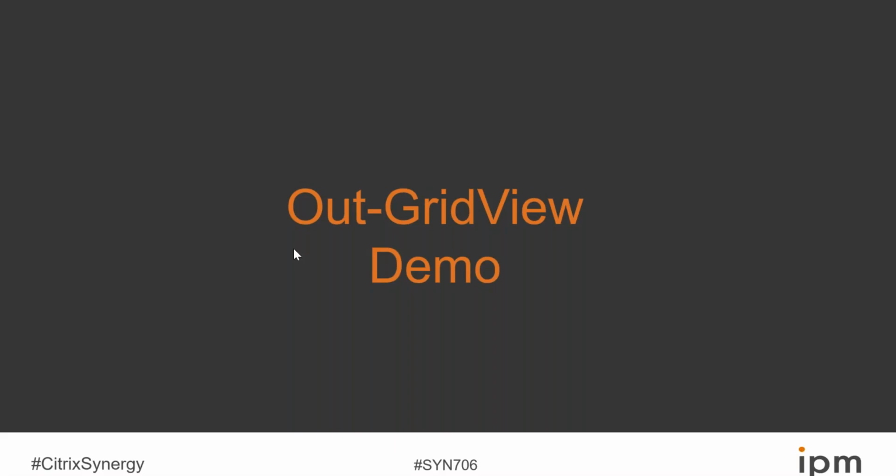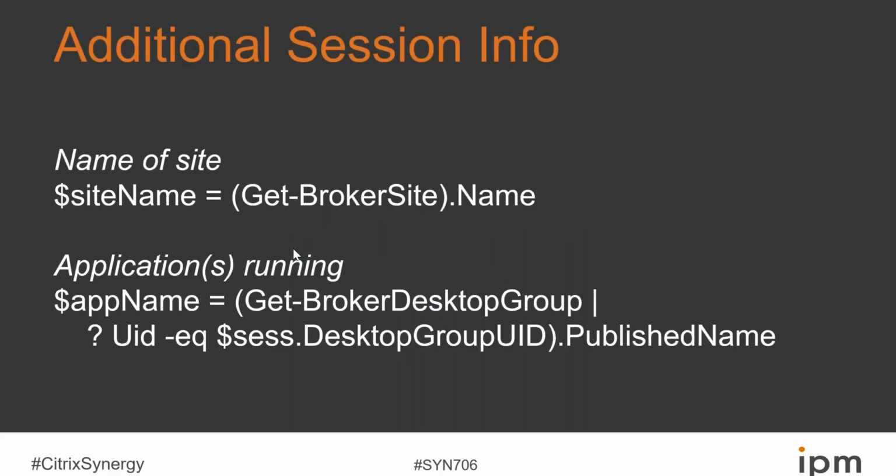Okay. Now, the Get-BrokerSession and the Out-GridView commandlets do most of the work for us, but we're going to need a few more commandlets to round out the information that we need. And we'll need to add a few more lines to our script for that. For example, if you're dealing with multiple sites, you're going to need to get the site name. The way you get the site name is from the Get-BrokerSite commandlet. So we take the Get-BrokerSite commandlet and put that into another variable called site name.